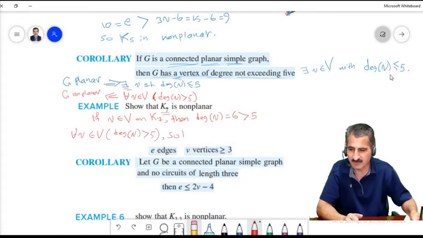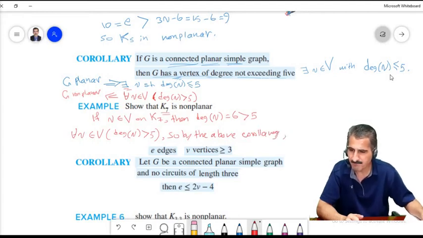So by the above corollary, K7 is non-planar.